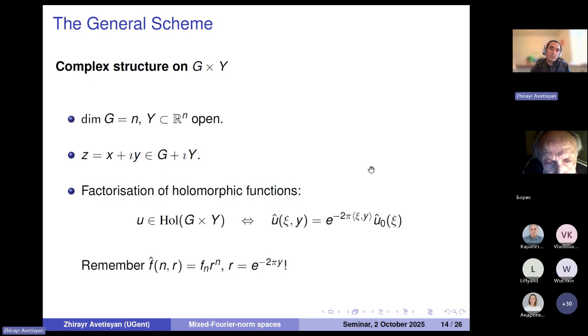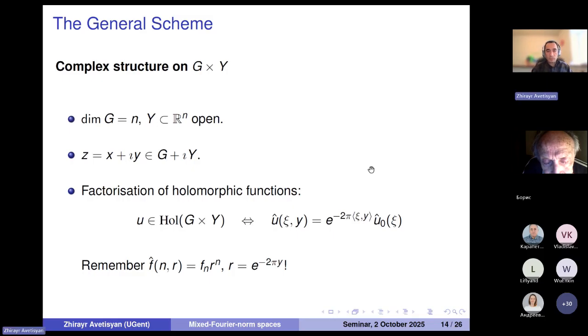Well, if G is just an abstract Lie group as a manifold, then you can think of this as what is called the almost analytic continuation of G. But because G is actually an abelian Lie group, it is an algebraic group, and it is embedded in an algebraic manifold.